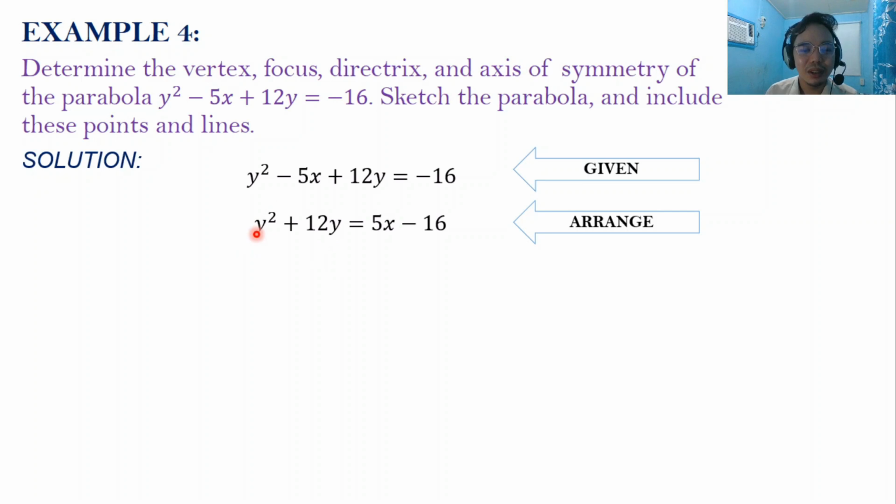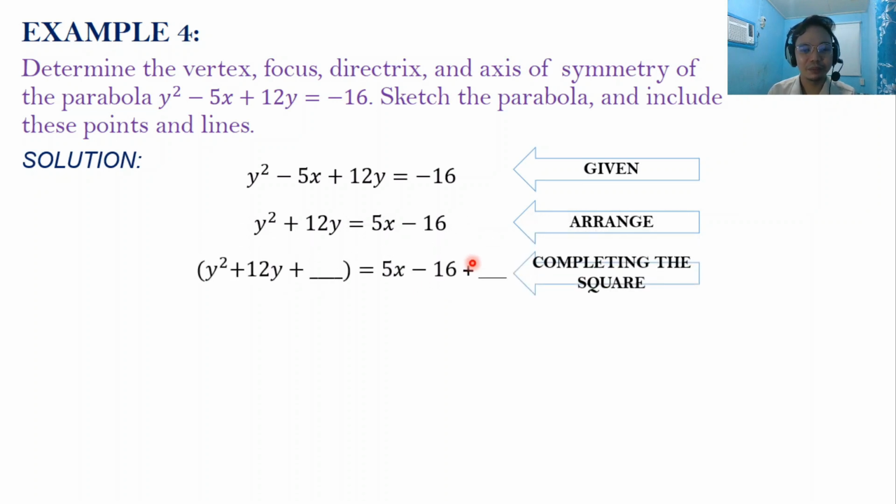In this case, y squared plus 12y yung magkasama. Next, what happened to the negative 5x? Nilipat siya sa kabila, kasama ng negative 16. Bakit? Mamaya malalaman natin kung bakit, upang malaman natin ano ba ang standard equation ng parabola natin.